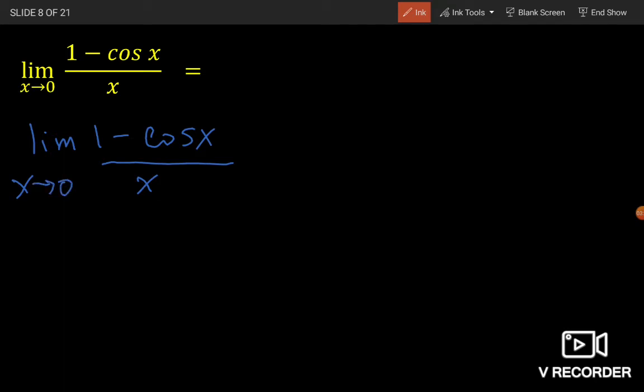Let's multiply 1 minus cosine x by its conjugate, which in this case is 1 plus cosine of x. And then to make it equal to 1, the denominator should also be 1 plus cosine of x. So we can see here, numerator is 1 plus cosine x, denominator is 1 plus cosine x. This is also equal to 1.